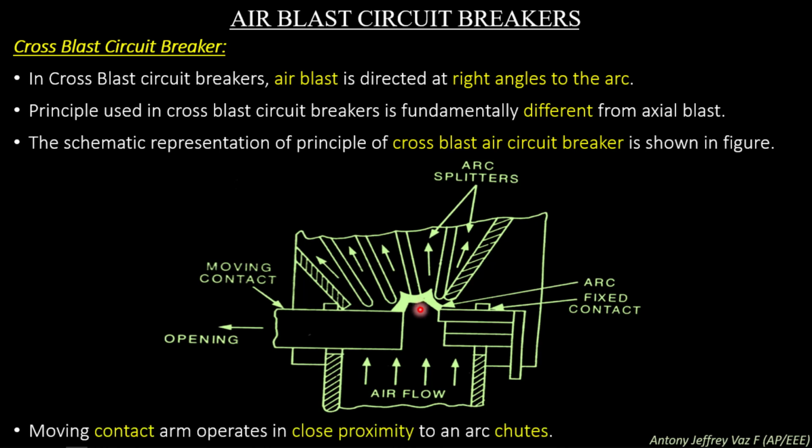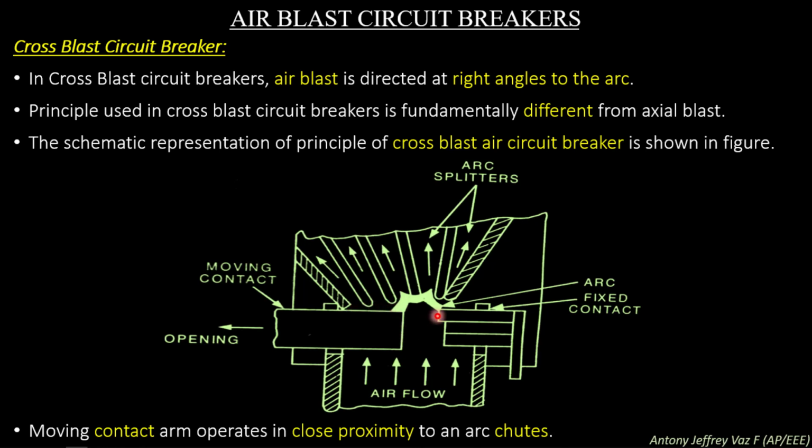The moving contact arm operates in close proximity to an arc chute. You can see the moving contact over here, and it can be opened in this direction. You can see the arc chute's metal plates, which are very close to the moving contact.